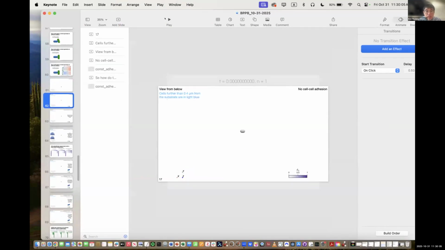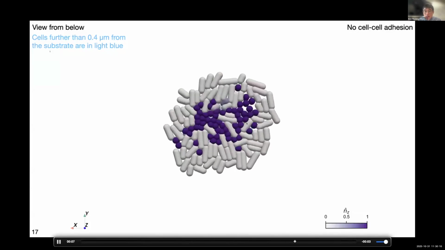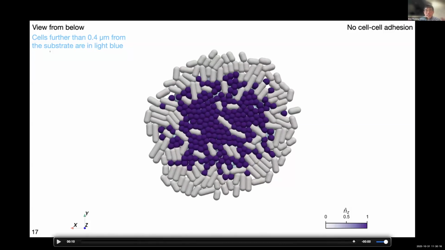If we look at this simulation with no cell-cell adhesion, there are still horizontal cells in the middle here, so it's not just a core of entirely verticalized cells and a subpopulation of peripheral horizontal cells, but we do have horizontal cells in the center as well, and that also acts to exert pressure on horizontal cells.